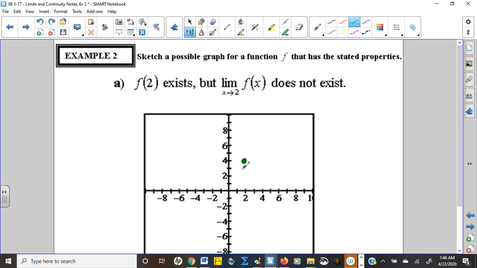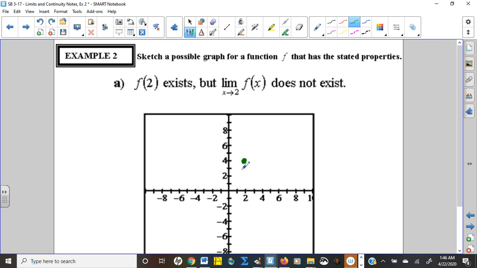Now, think about the idea of continuity. Think about the 3 major discontinuities we're using. Okay, we will not give you an oscillating discontinuity of this type, so it's really just the other 3: removable, infinite, and jump. What is already out of the realm at x equals 2? Think about that. F of 2 exists.